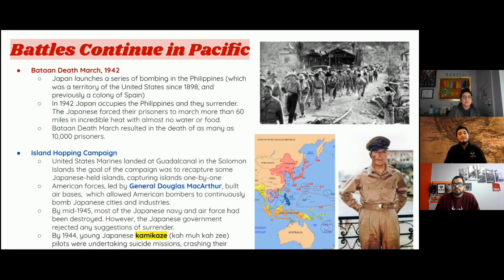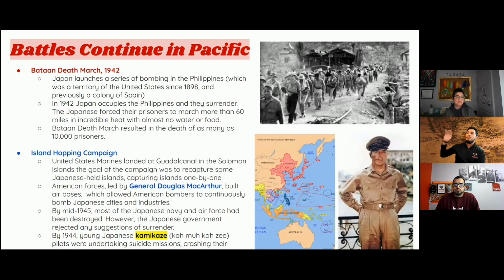Another thing that becomes a big development within the Pacific is something called island hopping. This is what made the Allied powers successful in taking back all the land the Japanese took. The United States Marines landed on Guadalcanal and the Solomon Islands, and the goal of the campaign was to recapture some of the Japanese-held islands, capturing islands one by one.